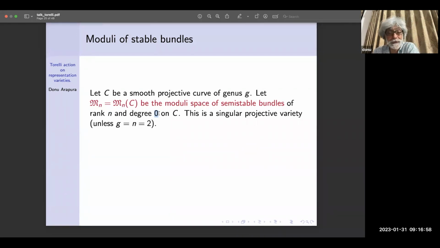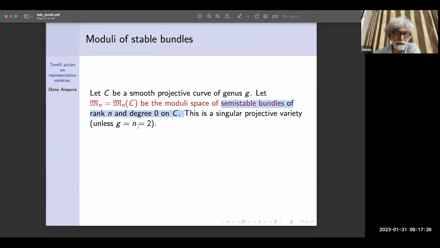So with semi-stability, if you look at a subbundle of your given bundle, let's say it's E, we're already saying it's degree 0, so any subbundle has degree less than or equal to 0. That's the semi-stability condition.